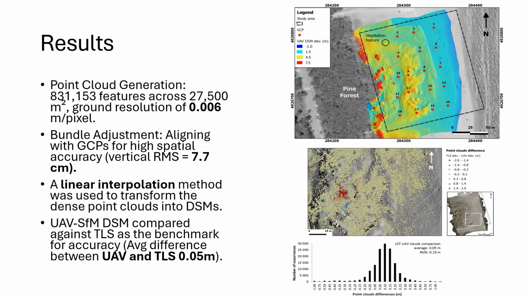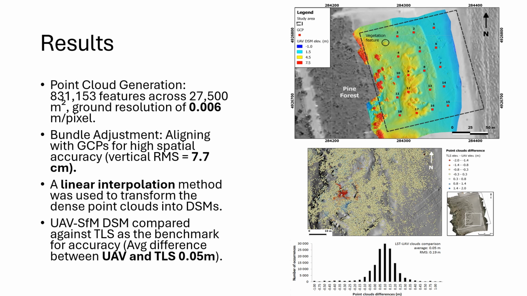Now looking at the results, the point cloud generated by UAV SFM produced over 831,000 features across the 27,500 square meter area, and the average vertical accuracy was within 10 centimeters when compared with GNSS survey data, while comparison with TLS data showed that the UAV DSM was accurate to within 5 centimeters on average with a root mean square error of 22 centimeters.